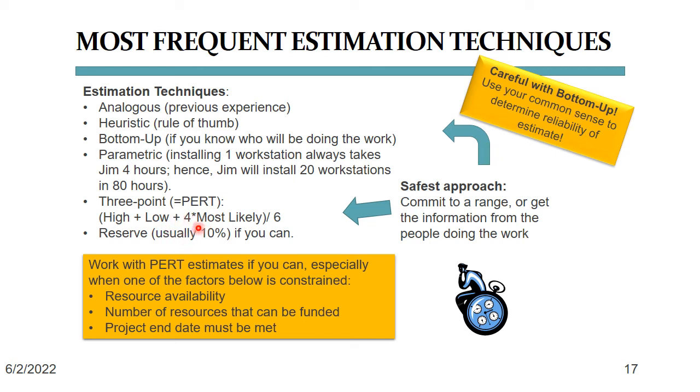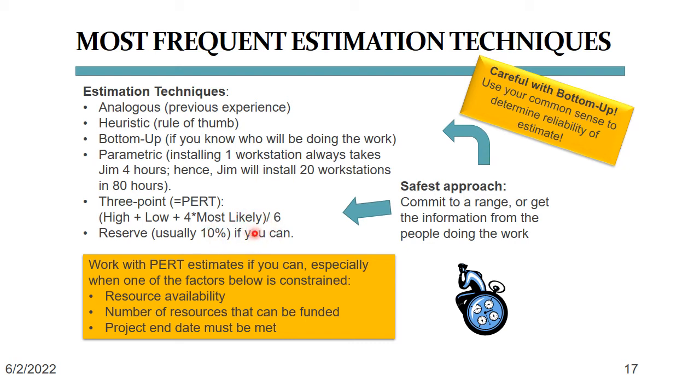The resulting Pert estimate is calculated as follows. We take the sum of high estimate if the work is done, let's say, by a new intern, low estimate, which is the number that we received from Rajiv, for example, plus 4 times most likely, which is the number we received from Rajiv plus at least 10%, and we divide that by 6.